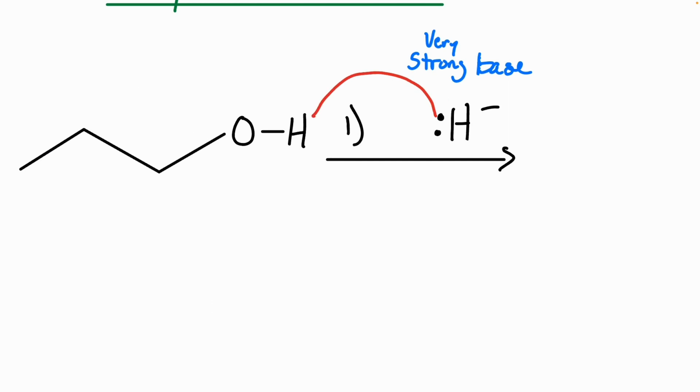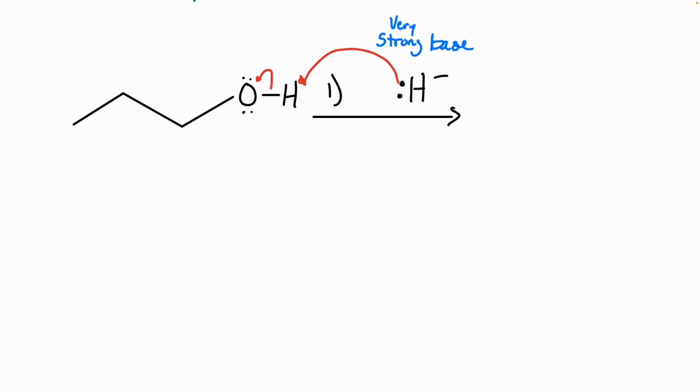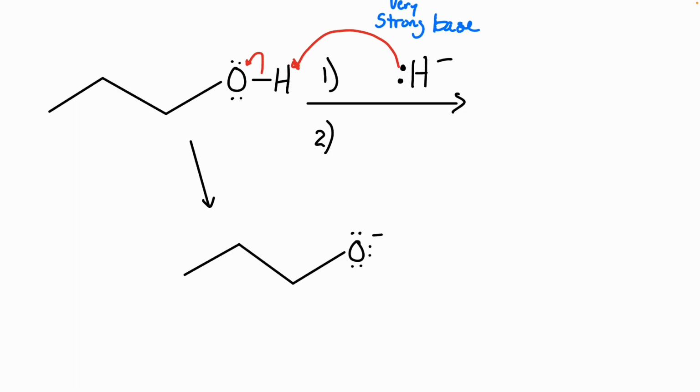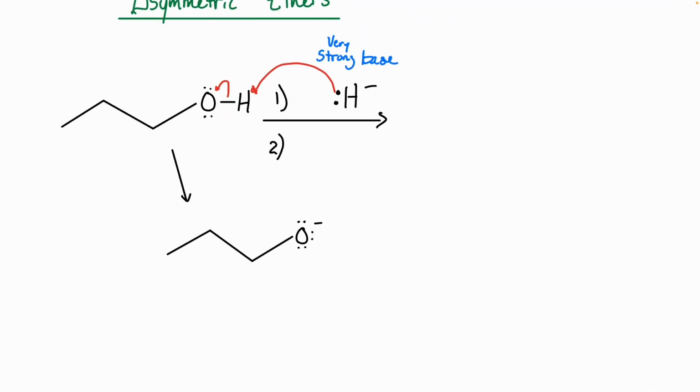So that negative charge is going to grab that hydrogen and break that bond. So this creates what's called an alkoxide ion, which we know to be a good base, but also a good nucleophile. So in step two, after we've treated it with that sodium hydride, now we're just going to add in a good electrophile here, an alkyl halide.